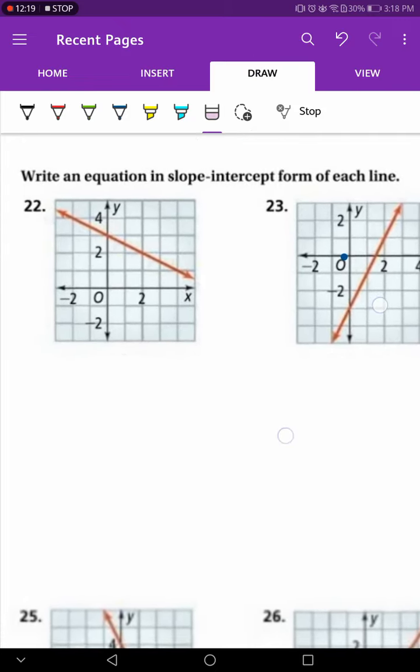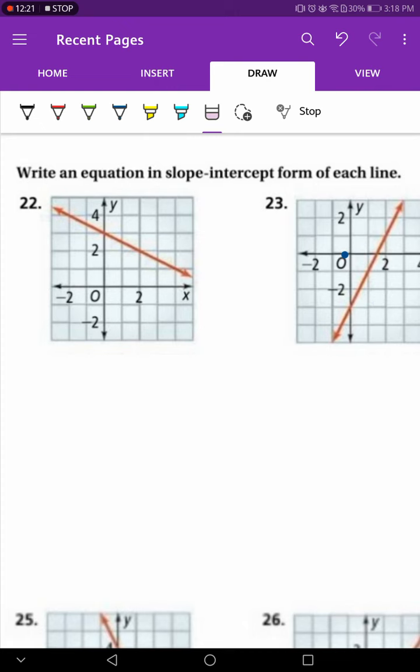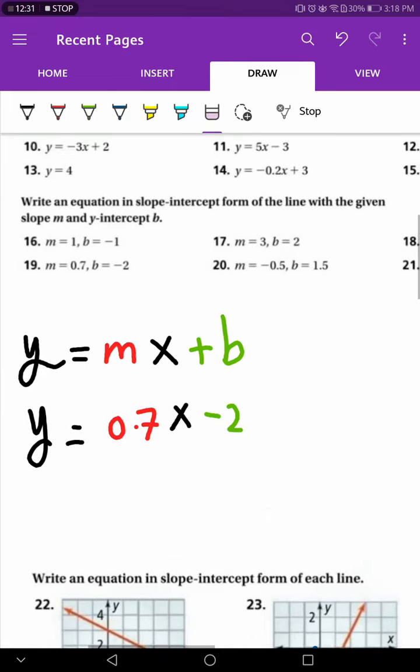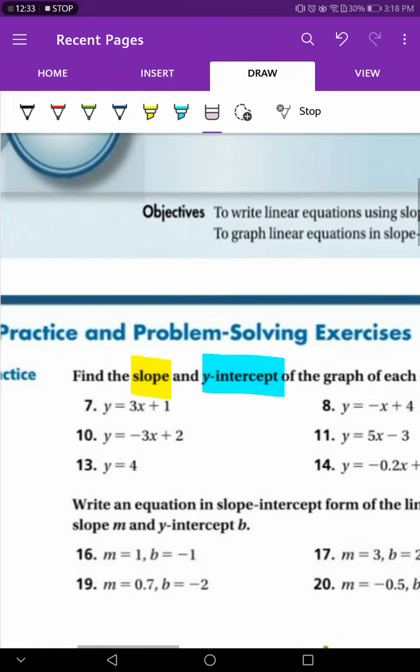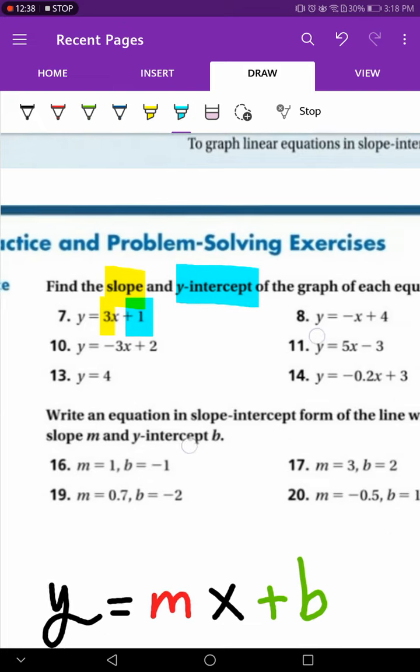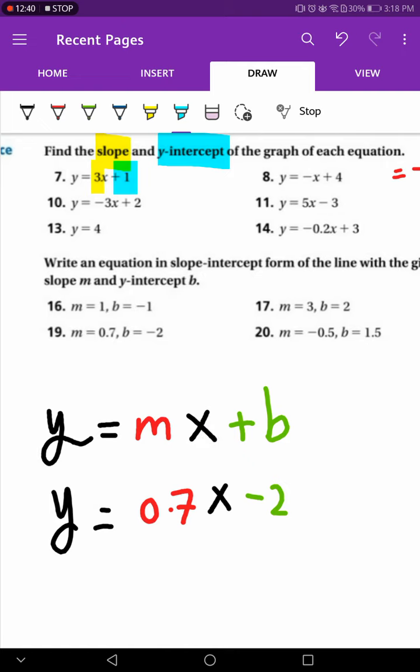Write an equation in slope-intercept form of each line. Previously, my dear student, he gave me an equation and asked me to find the slope and the y-intercept. And we did, like here. We said the slope is 3 and the y-intercept is 1. In the second exercise, he gave me the m, or the slope, and the b, the y-intercept, and asked me to write the equation, like here.